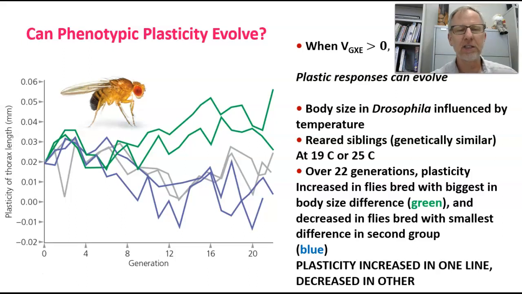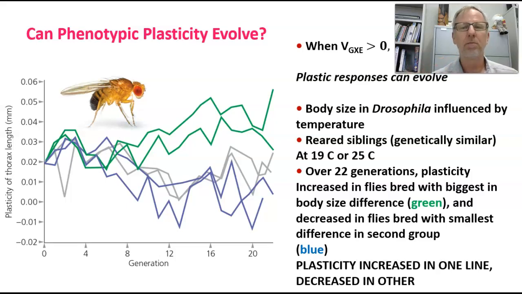So here is shown the results of an experiment where fruit flies were exposed to different temperatures to investigate the evolution of phenotypic plasticity. We already know body size in Drosophila, fruit flies, is influenced by temperature.